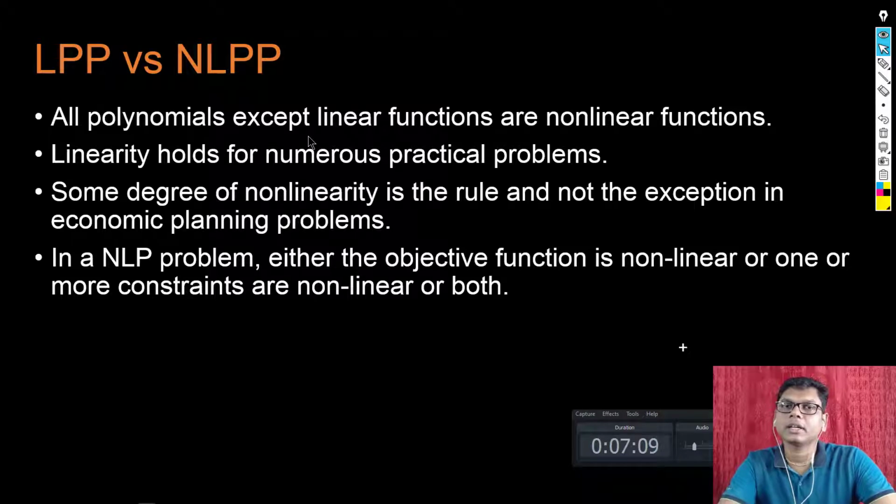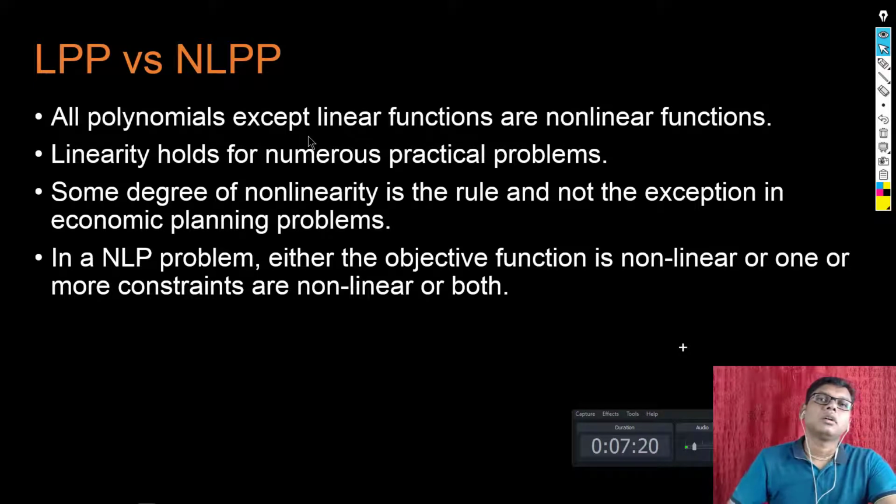If the objective function and the constraint function both are nonlinear, that is also known as a nonlinear programming problem.